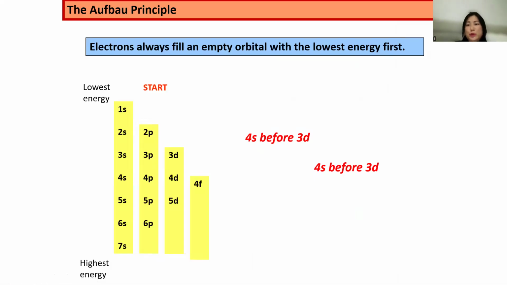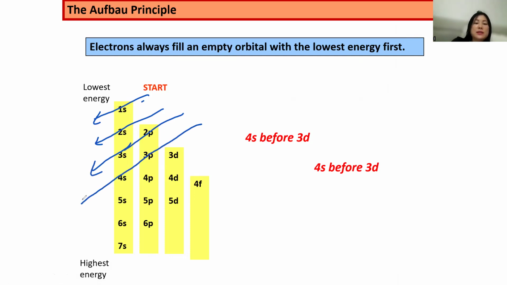Now, I want to bring you to this. During the exam, this table is not given, so you must be able to draw it out. If you don't draw it, you don't know what comes next in the sequence. So when you slash it, it looks something like this: 1s, then 2s, 2p, 3s, 3p, 4s, then 3d, 4p, 5s.